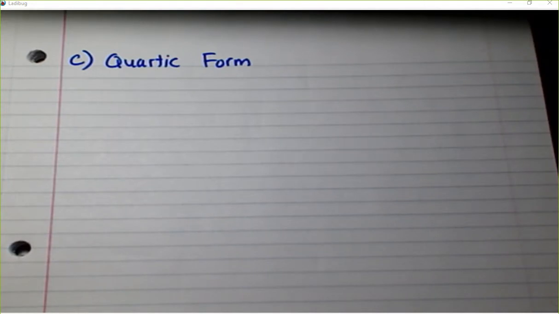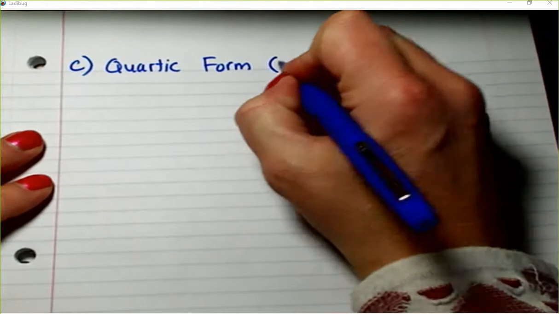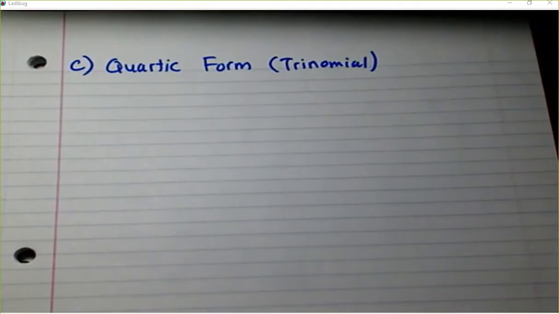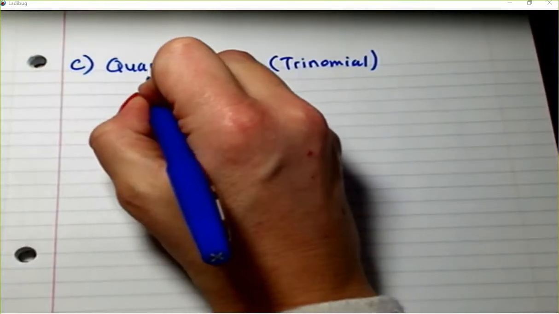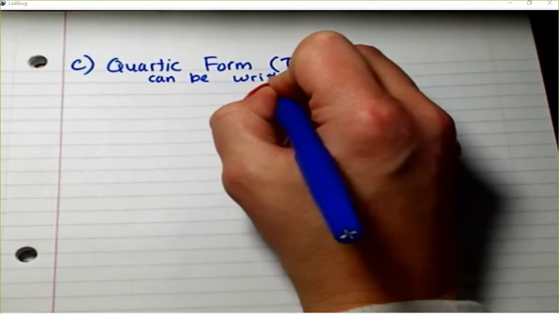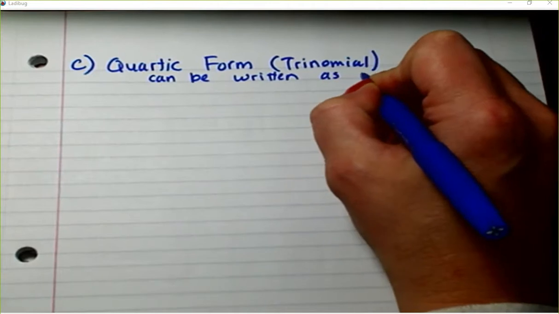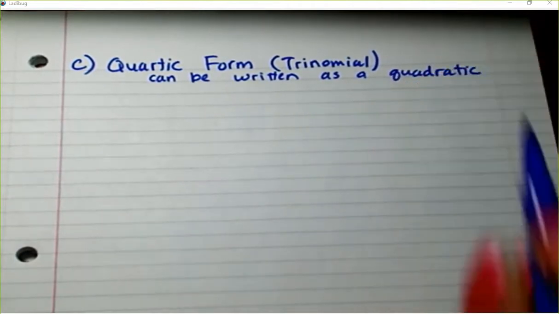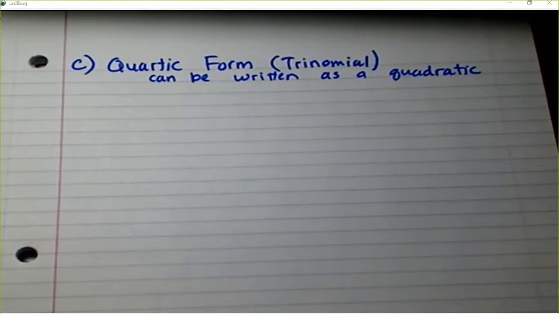So we have the quadratic form, and that's going to be trinomials, okay? It has to be a trinomial that can be written as a quadratic, because the quadratic has the multiply-add numbers.